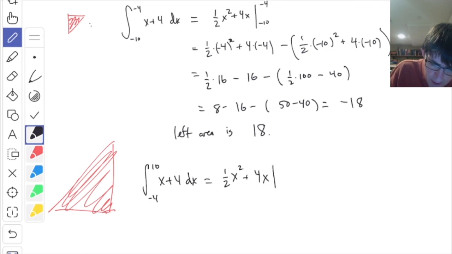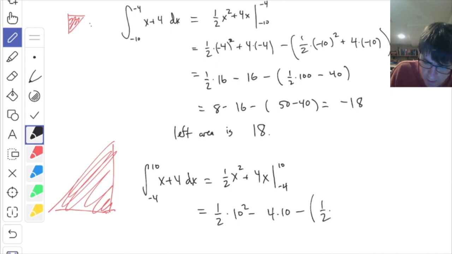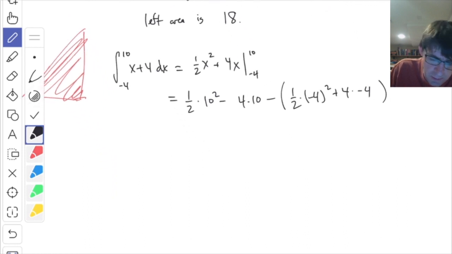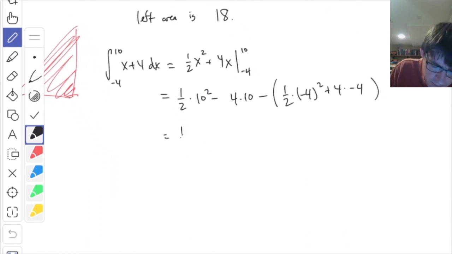Plugging in 10 and minus 4. Let's do it. 1/2 times 10 squared minus 4 times 10 minus 1/2 times negative 4 squared plus 4 times negative 4. All right, and these guys, I'll simplify these two. This is 1/2 times 100 minus 40 minus, this is 1/2 times 16 minus 8.